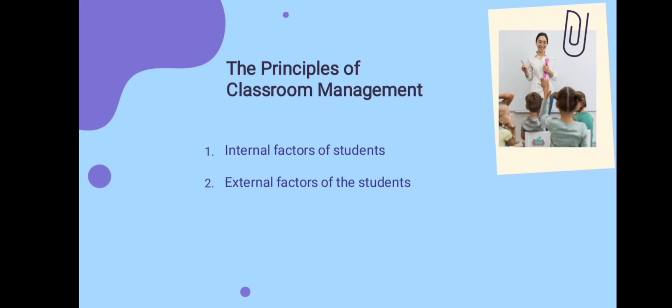First, internal factors relate to emotional, mind, and behavior problems from students. And the external factors relate to the atmosphere of the learning environment, student placement, grouping of students, the number of students in the class, and so on around them.